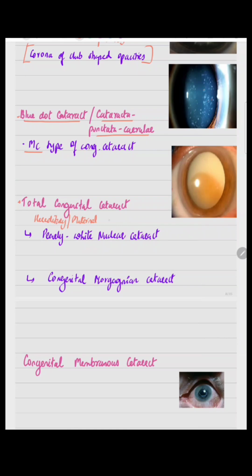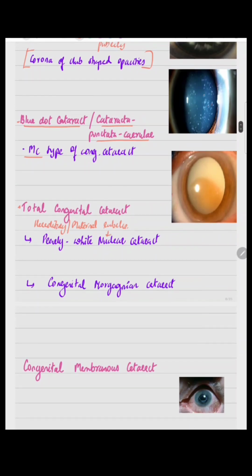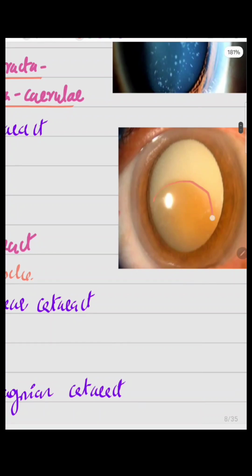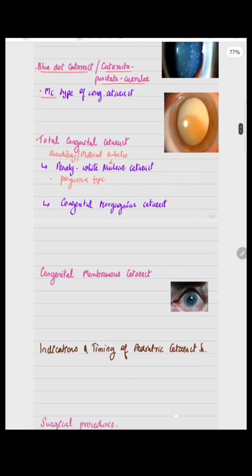In rubella cataract, the child is born with a pearly white nuclear cataract. It is a progressive type of cataract. The lens matter can become soft and liquefy. It is known as congenital Morgagnian cataract.